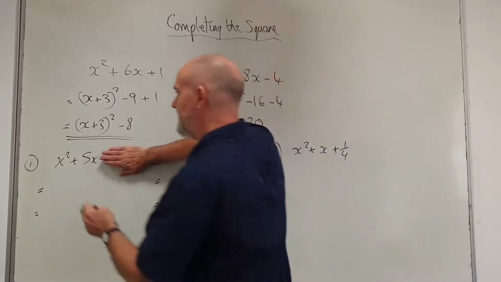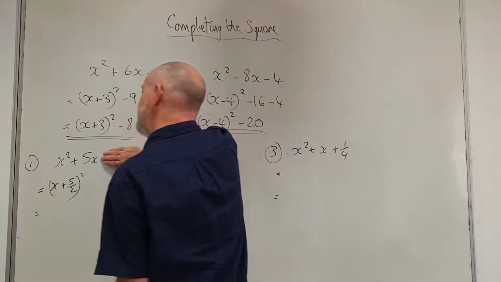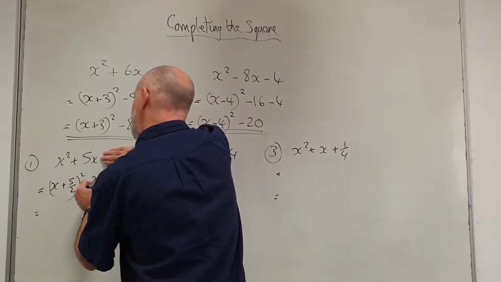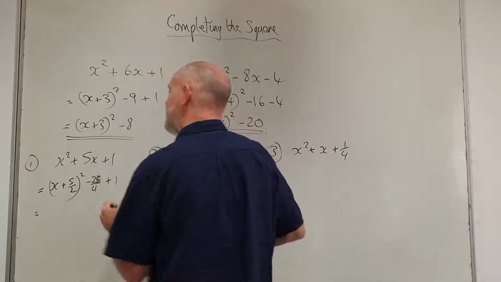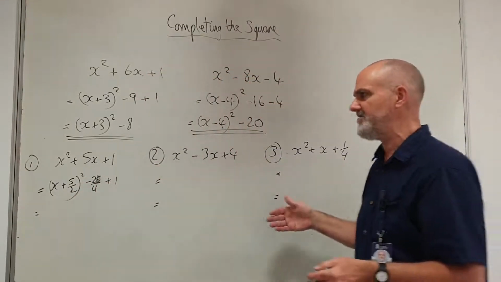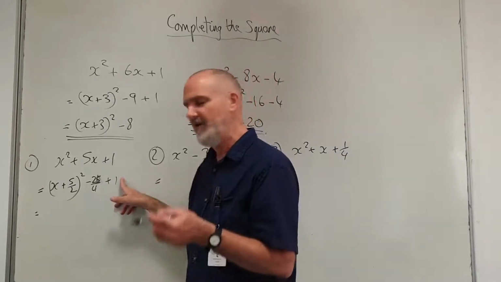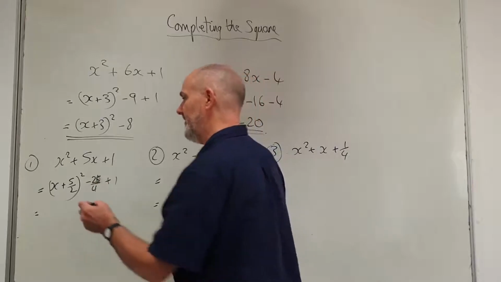Okay, covering up these. x plus 5 over 2 squared minus 25 over 4, and then the 1 comes down. Now you can put this into your calculator, minus 25 over 4 plus 1. I prefer to say, well, this is like 4 over 4, so we've got negative 25 over 4 plus 4 over 4.